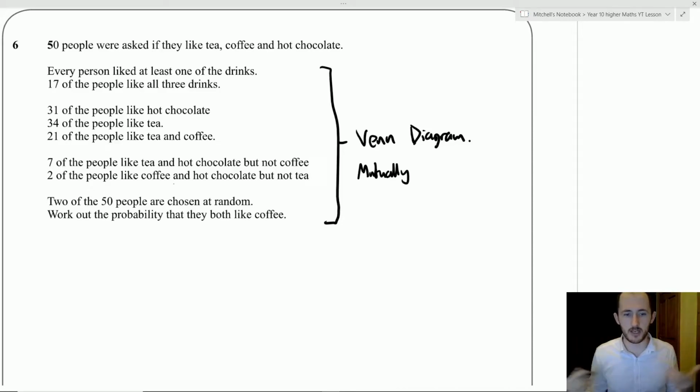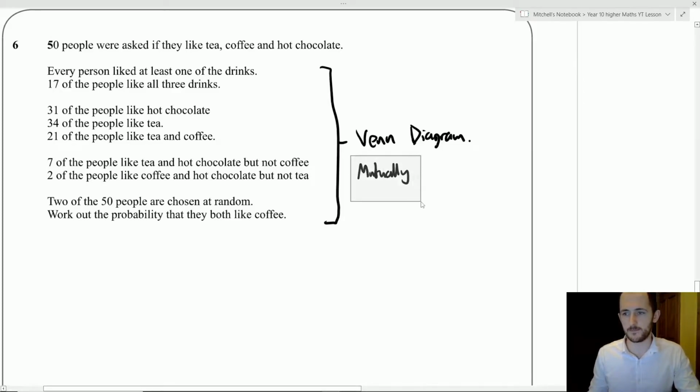So mutually exclusive means that both events cannot take place at the same time. So for example, if the probability it's raining tomorrow is 0.4, and the probability it's sunny tomorrow is 0.6, those two events are mutually exclusive because they can't happen at the same time. Hopefully that clears up your question.